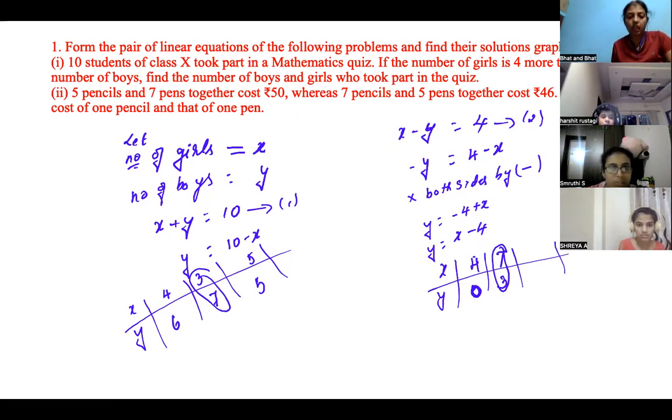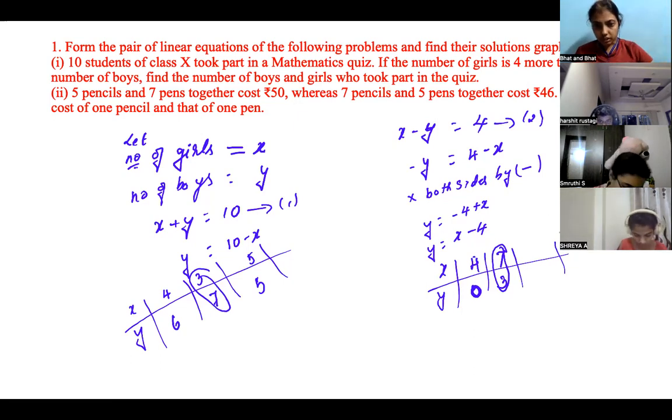In both the equations, one value should be similar. So I can take anything, right? In the next one, I took x is equal to 10, and then y is 10 minus 4 is 6. So now if you plot the graph, do they coincide? Just verify.